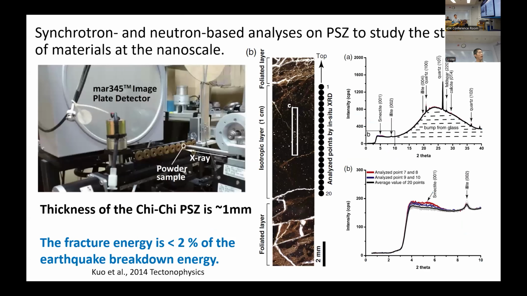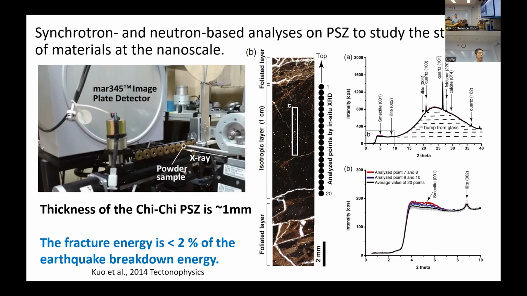For example, this process may be localized in a specific interval. So we use synchrotron beam analysis, point by point, and we obtain two points with smectite enrichment in that same section.